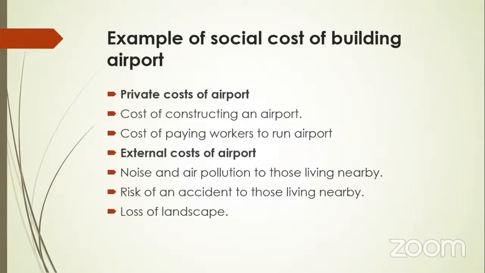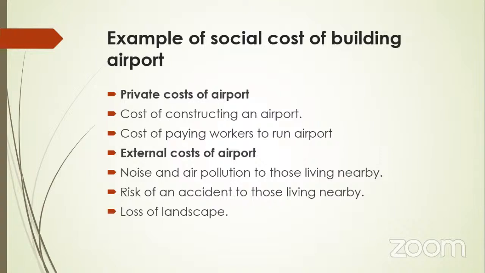For example, when we are building an airport, there are private costs: the cost of constructing the airport and of paying workers to run it. But there are external costs like noise and air pollution for those living nearby, risk of an accident, and loss of landscape.